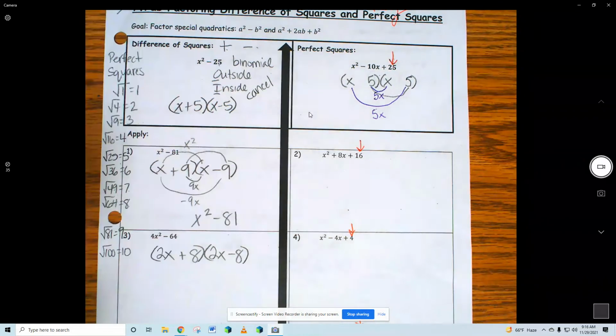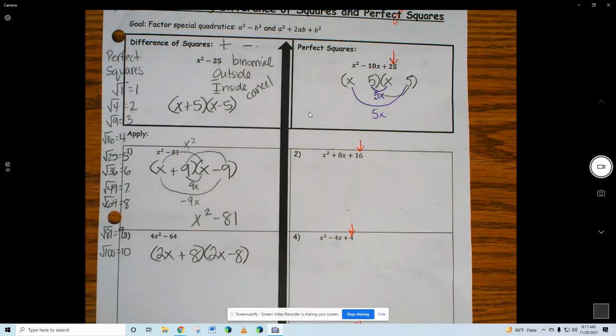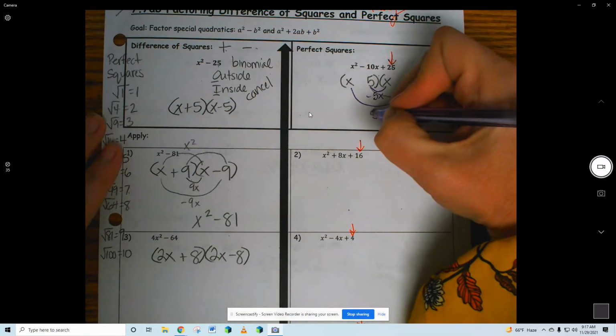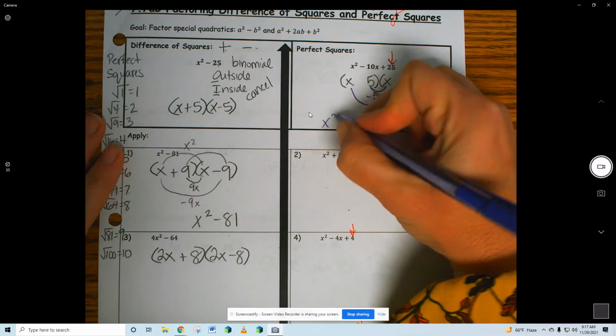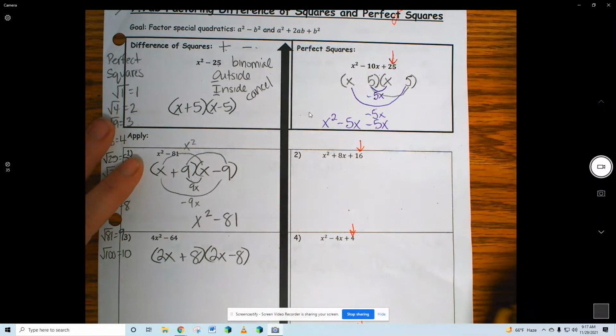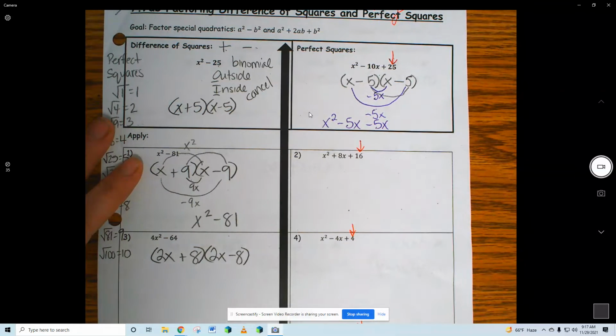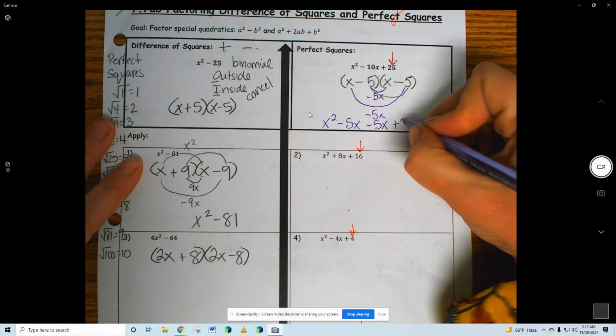I need my outside, inside to make a negative 10. How am I going to manipulate these 5s to make it negative 10? Any ideas? If both of them were negative? So that would be x squared minus 5x minus 5x. And you want to make both of them negative, you said. My last would be plus 25.